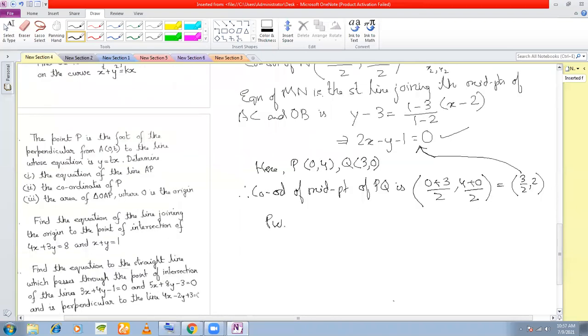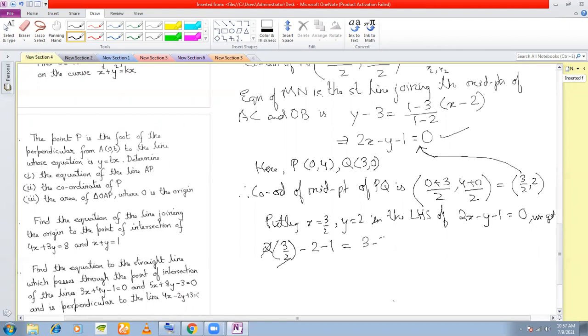Okay, putting x is equal to 3 by 2, y is equal to 2 in the LHS of 2x minus y minus 1 is equal to 0. We get twice 3 by 2 minus 2 minus 1. How much do we get? Let's see. The 2 cancels here, so you get 3 minus 3, which is equal to 0. That means it is satisfying the equation.